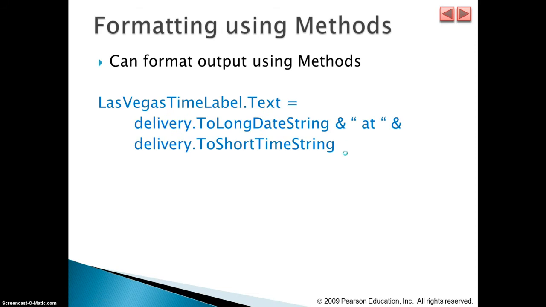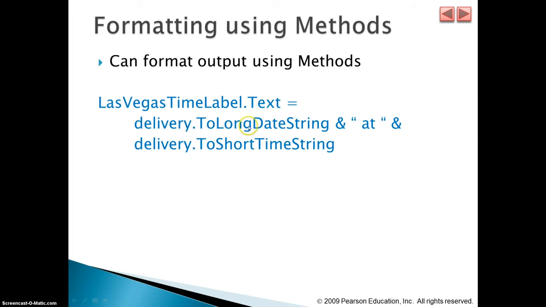And then finally, this is something else that is a little bit new, so I decided to highlight it, and that is that we have the format. Delivery is the date, and you can format it for output: ToLongDateString or ToShortTimeString.